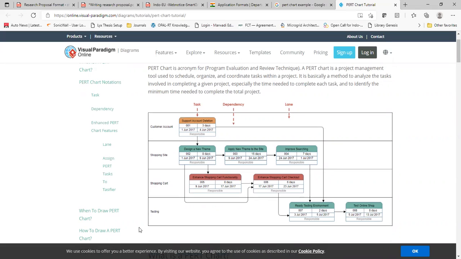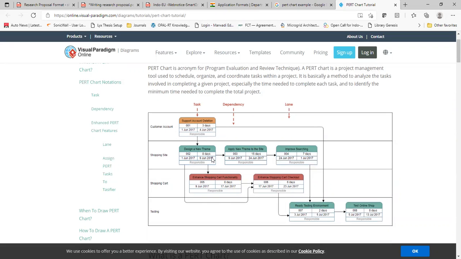And this PERT chart mentions that customer account and shopping site related work will be done from 1st June 2017 to 4th June 2017. So the first task will take 3 days. This task, designing a new theme and everything, will take 8 days.